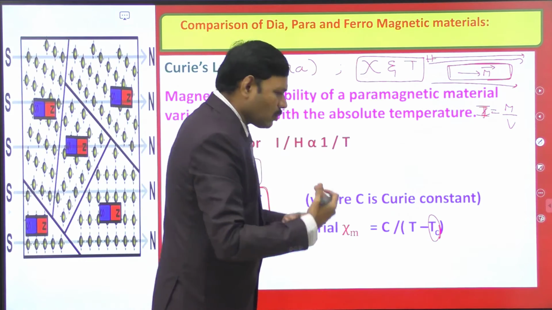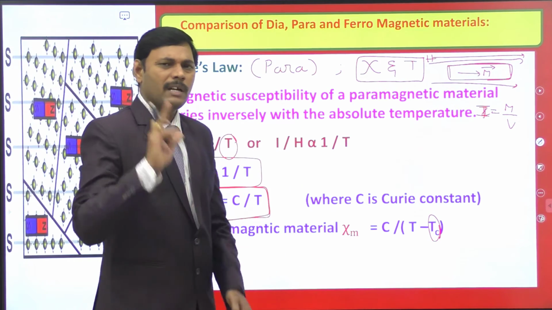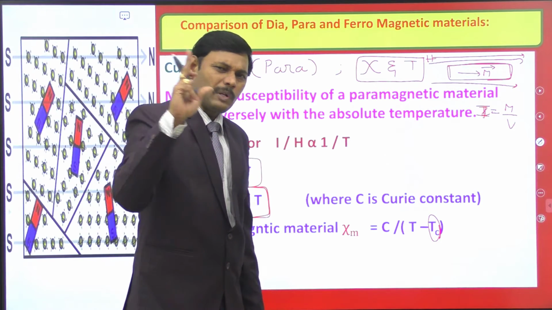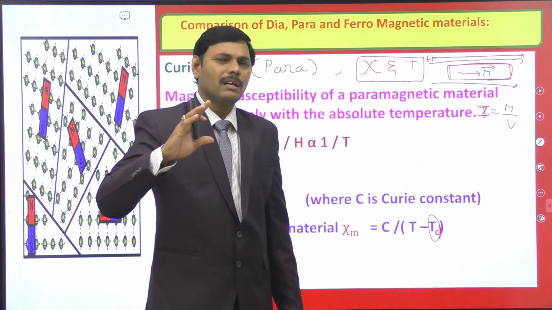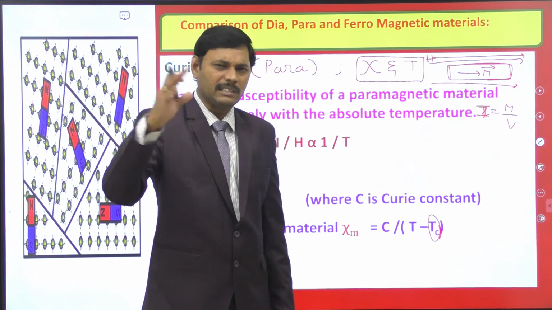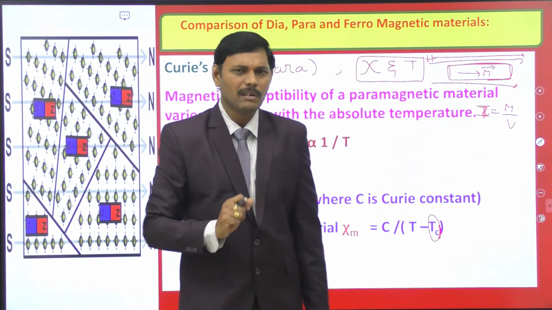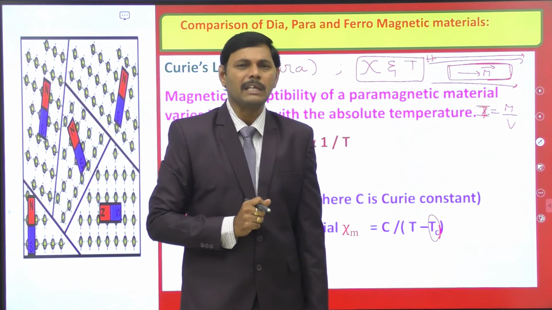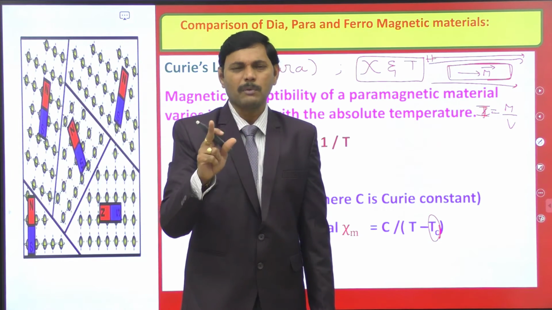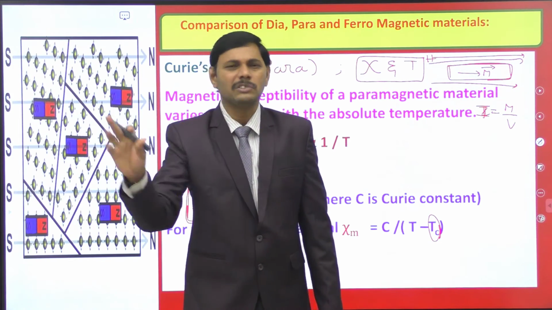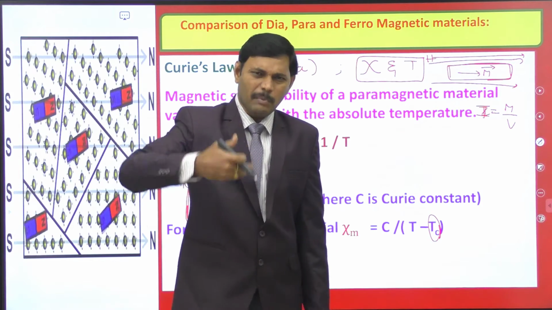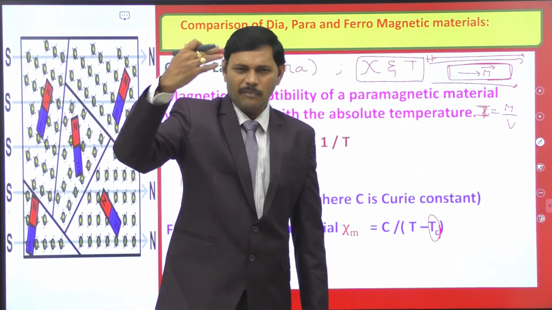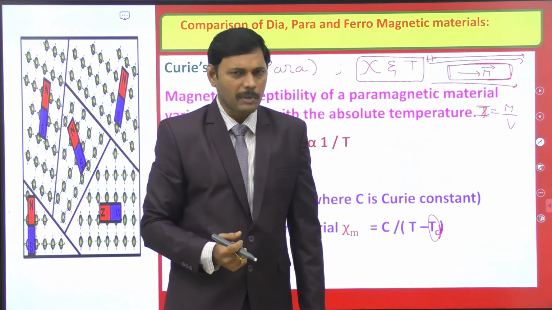If the temperature goes on increasing, for every rise in temperature of a ferromagnetic material, its susceptibility may not change. But there is a limit for the temperature value.